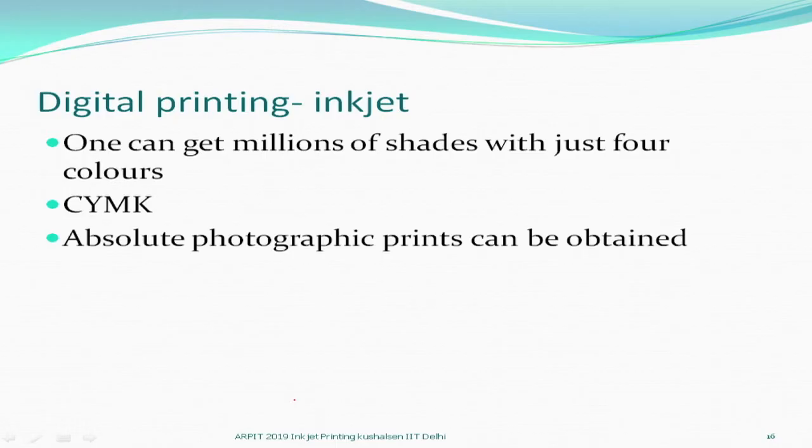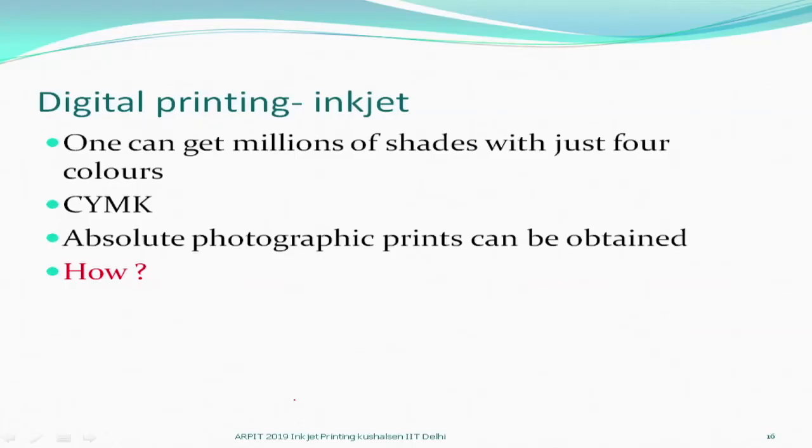But here, just using 4 colors, cyan, yellow, magenta and K is black, CMYK, right. If CMYK, that is the 4 colors, are used, you can actually obtain photographic prints. How is it possible? We will discuss this.